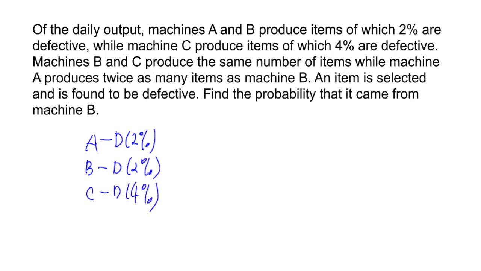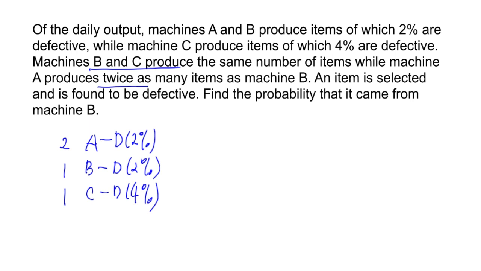Okay, machines B and C produce the same number of items, while machine A produces twice as many items as machine B. So if machine B produces one item, C also produces one item, and machine A produces twice as many as B, so this is 2. Okay?